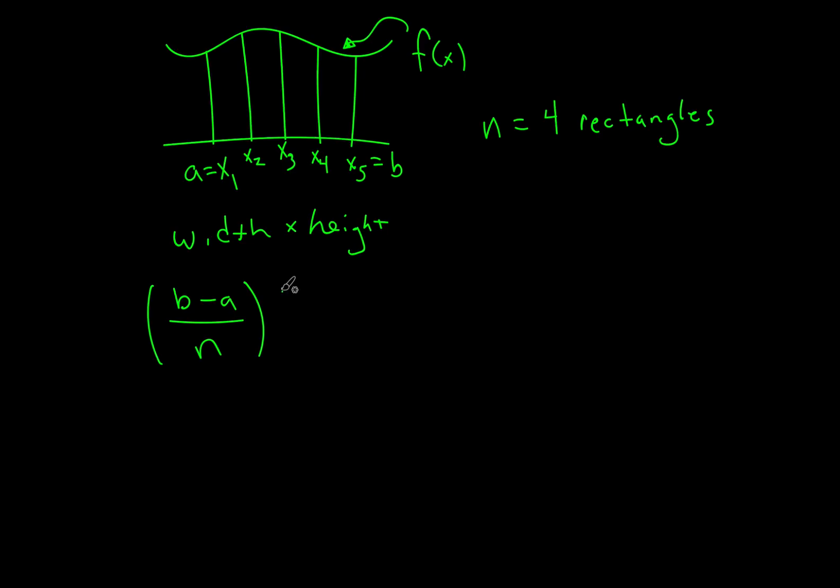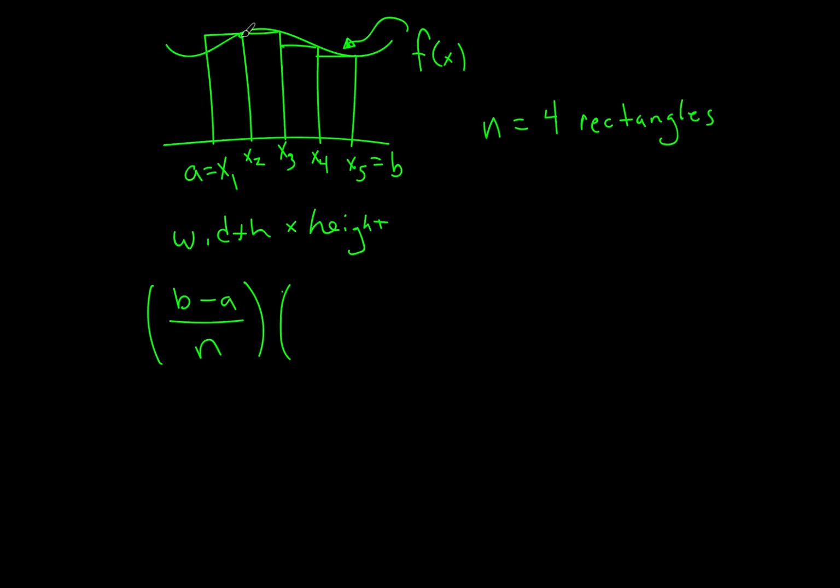Now we need to figure out the height of these rectangles, and for this example we can construct the height at the right endpoint of each of these subintervals. So I'll have height there, here, here, and here.